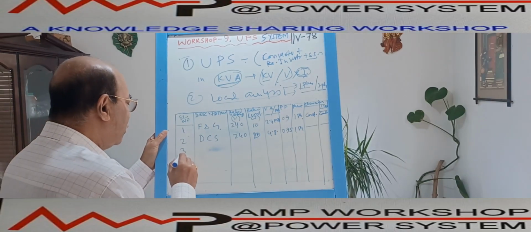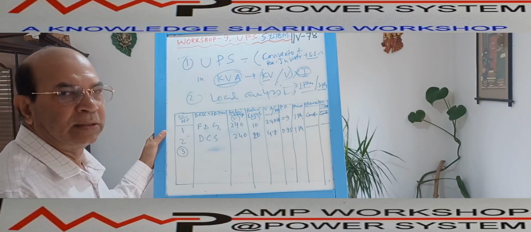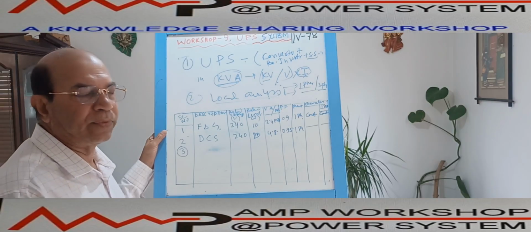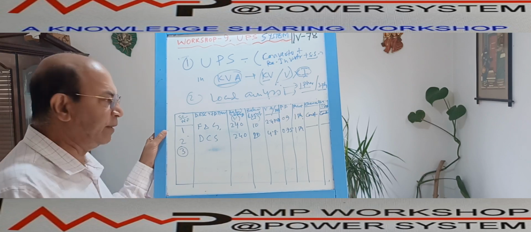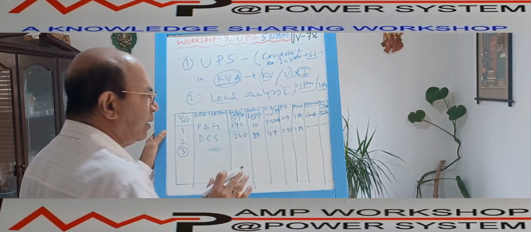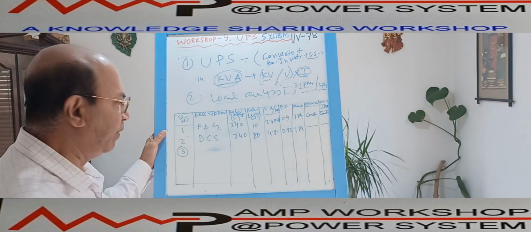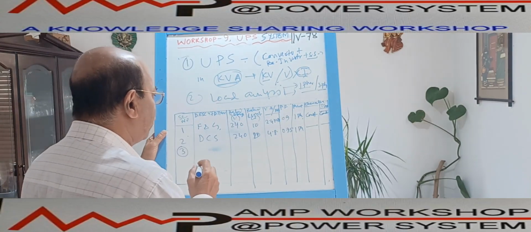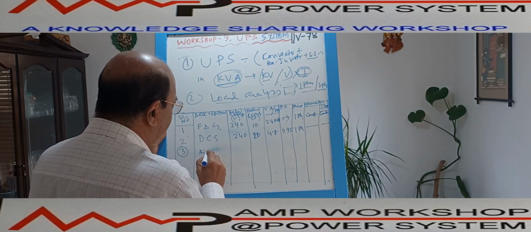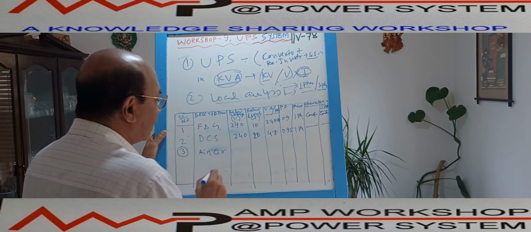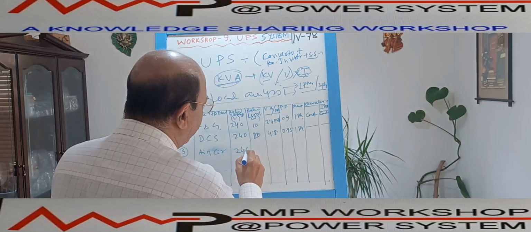Now the third load, suppose there is an air circulation system. There is some critical load, there are some fans to be run. Suppose those fans are three phase fans. But let us consider now it is single phase, then this decision will be easy. So the third part is an air circulation system. Suppose those fans are run by a 240 volt motor.